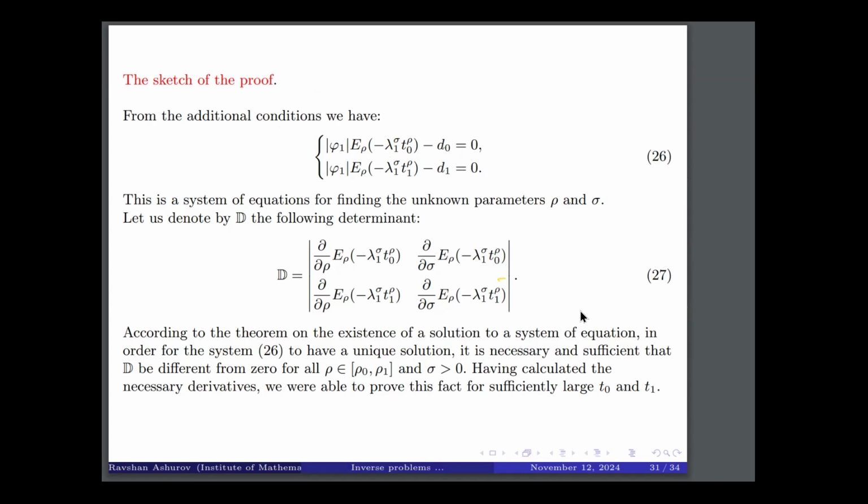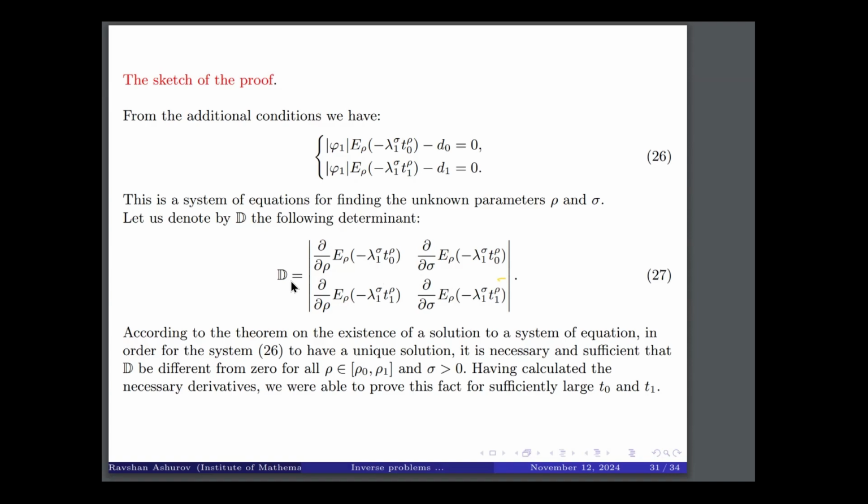If determinant 27 is non-zero, then both parameters exist and they are unique. So what we have done in this paper, we showed that we take this derivative, and calculate this determinant, and show that it is not equal to 0.